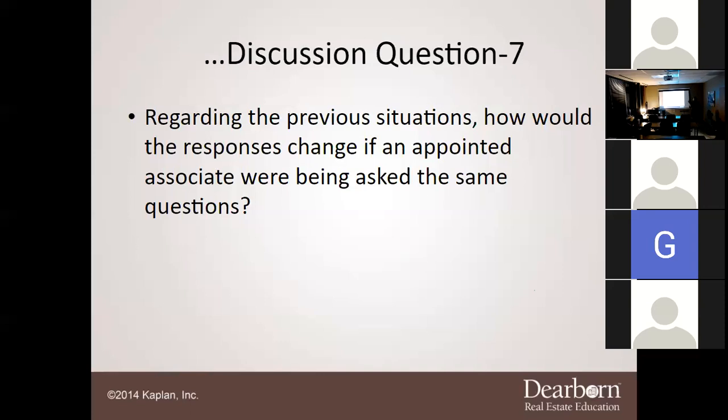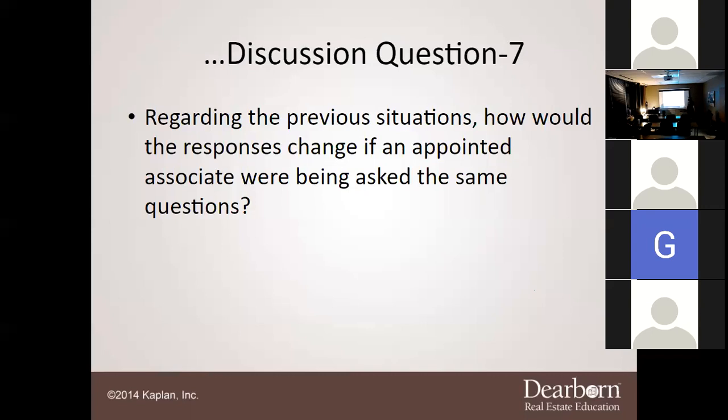Unless, I will add, you were appointed to that person. Yes. If you were appointed to that person, you would. But if you were not appointed to it, you're 100% correct. Well, it depends on who you're appointed to. Very good question.